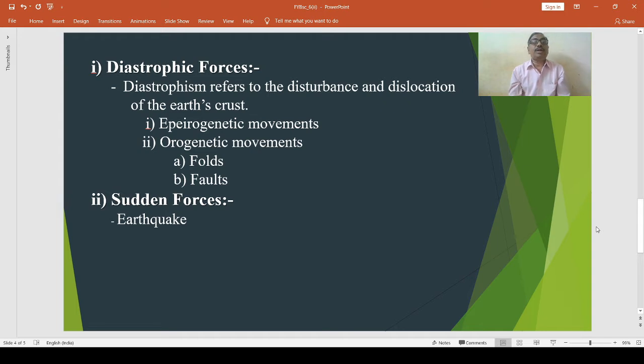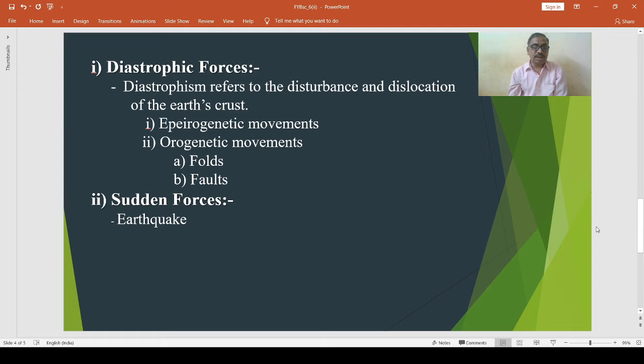Then, diastrophic forces. Diastrophism refers to the disturbance and dislocation of the Earth's crust. Diastrophic forces include both vertical and horizontal movements. Diastrophic forces operate very slowly and their effects become visible after thousands and millions of years.